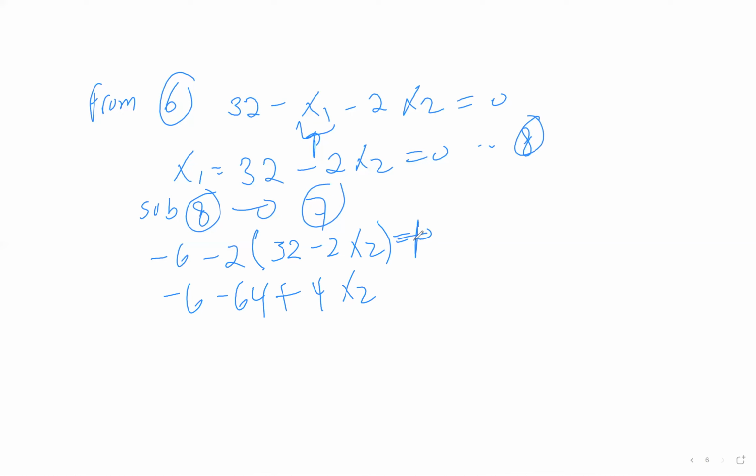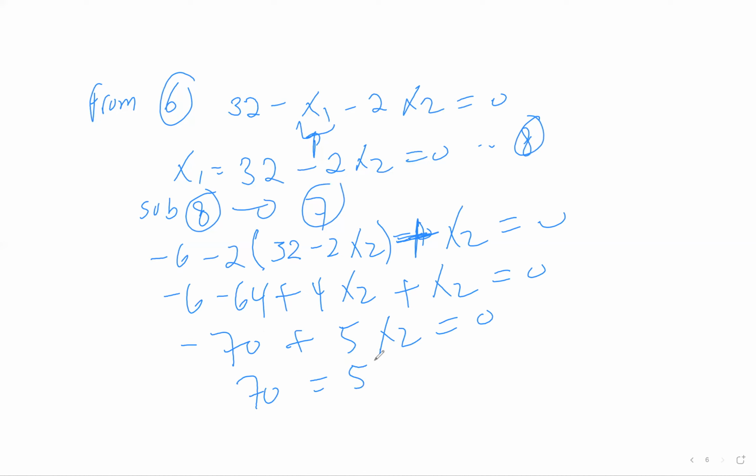Here we forgot another term, which is plus lambda 2 is equal to 0. Say if we hadn't noticed this one, then we would have forgotten. So that's minus 70 and plus 4 lambda 2 and lambda 2, that becomes 5 lambda 2 is equal to 0. So we have 70 equals 5 lambda 2, and lambda 2 is 70 divided by 5, that's equal to 14. So lambda 2 is equal to 14.